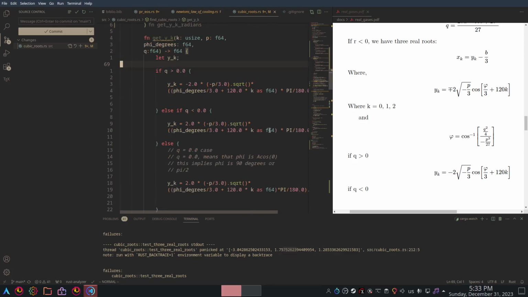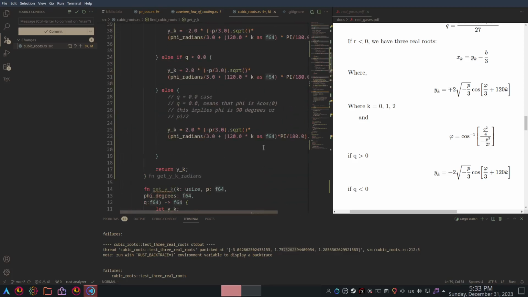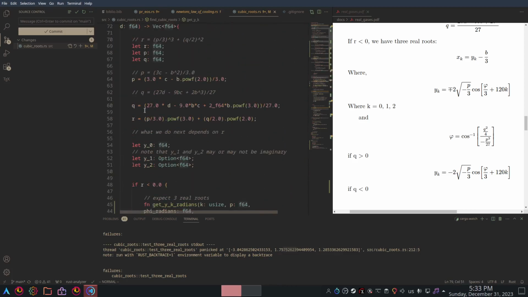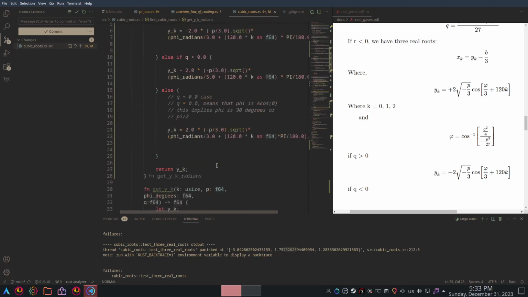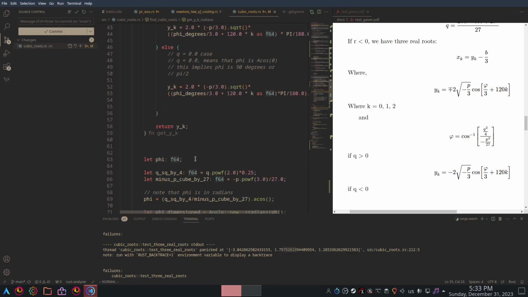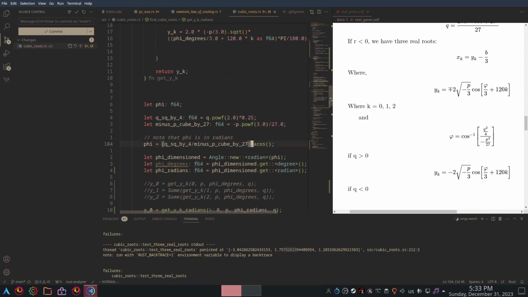Let's see about getting phi right. Before I do the arc cosine, I need to square root the thing first.